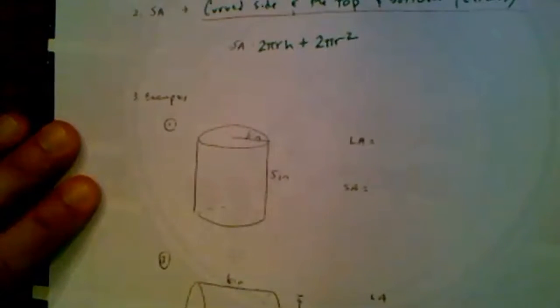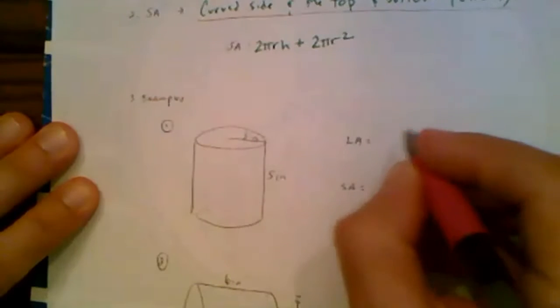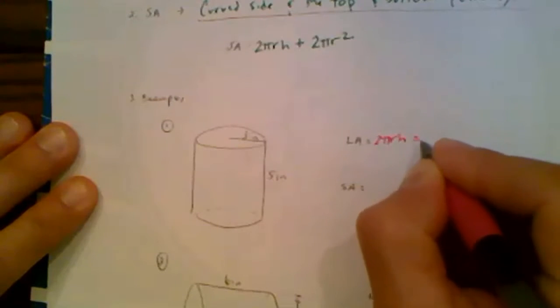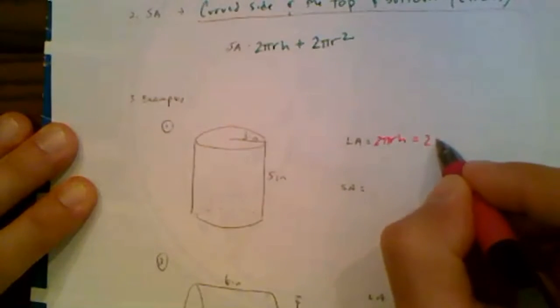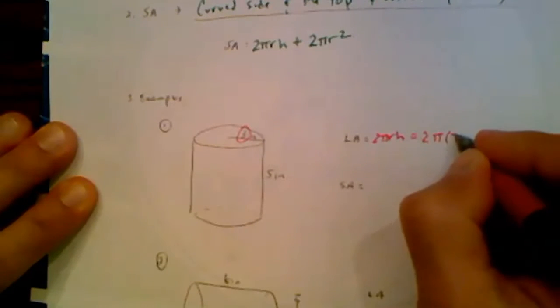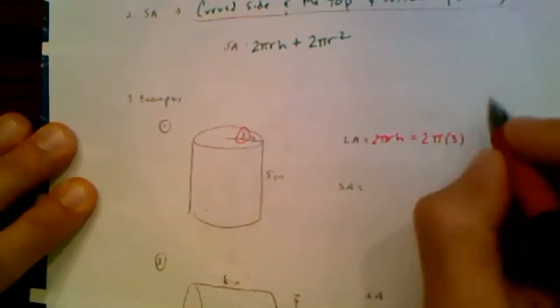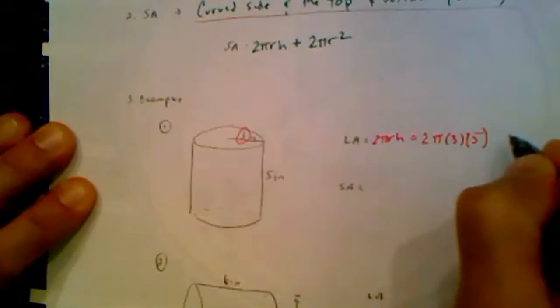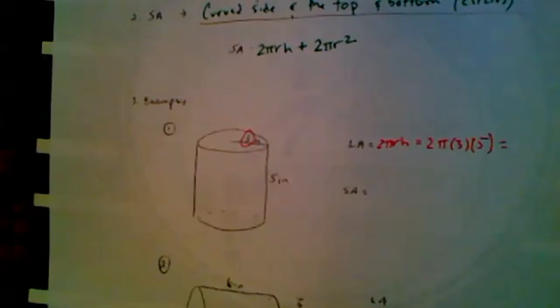So we're using the lateral area formula, which is what? 2 pi r h. I've got 2 pi. My radius is this 3. And then the height is that 5. So at that point, I can just go right to my calculator and plug all that in.